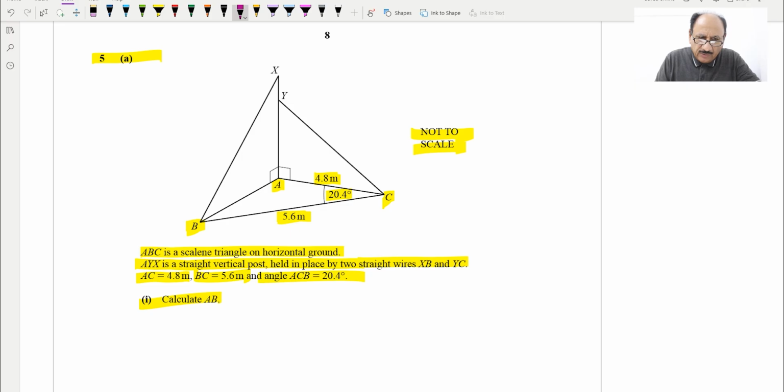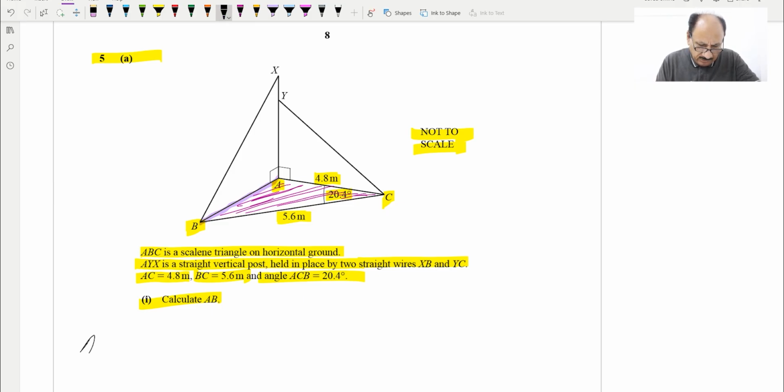So we will be considering the triangle. AB is required, which is this one. So we can apply the cosine rule. We can consider this triangle, in which we have 2 sides and the included angle, so we will be applying the cosine rule.